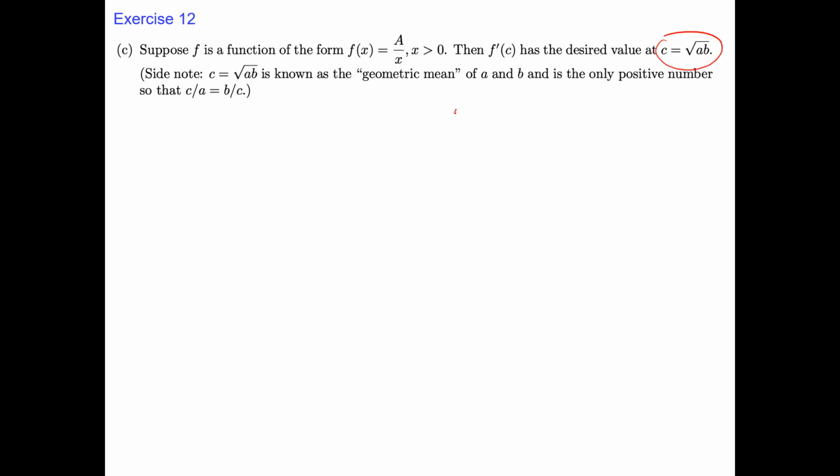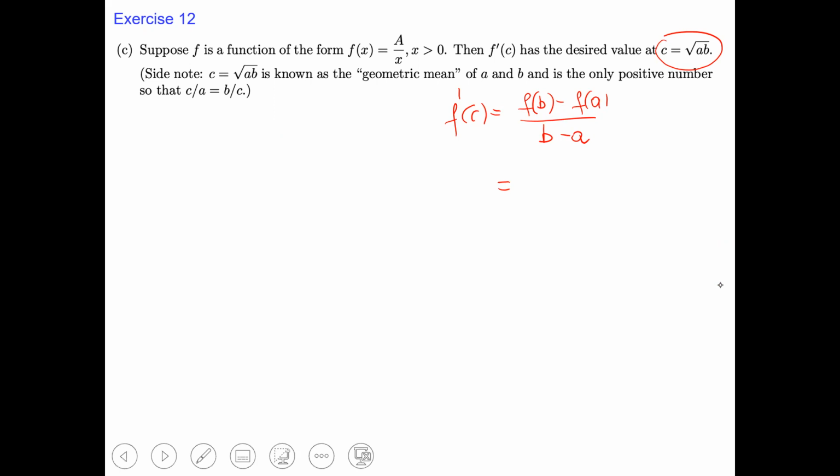Let me plan. That means the derivative at c is equal to f of b minus f of a over b minus a. I can work on the right hand side. The value of the function for b: I have to place b instead of x. A over b minus a over a, all over b minus a.